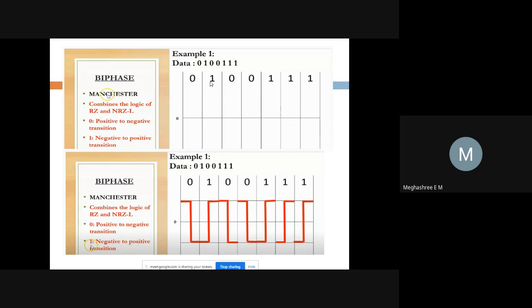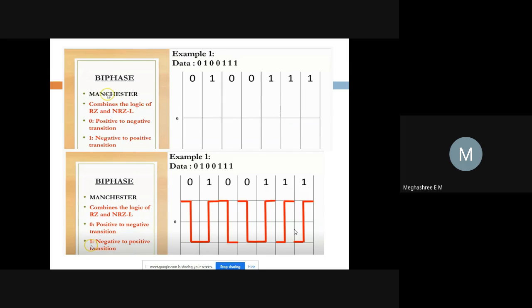Okay, next 1. 1 represents what? From negative to positive. 0 is from positive to negative. Again the next bit is 0, positive to negative. Again the next bit is 1, negative to positive.